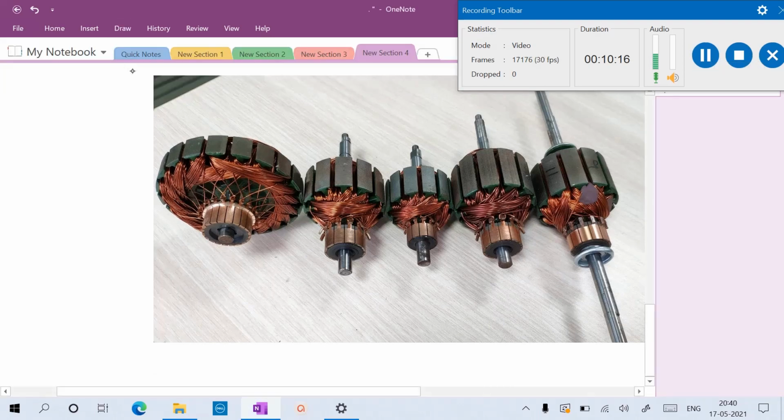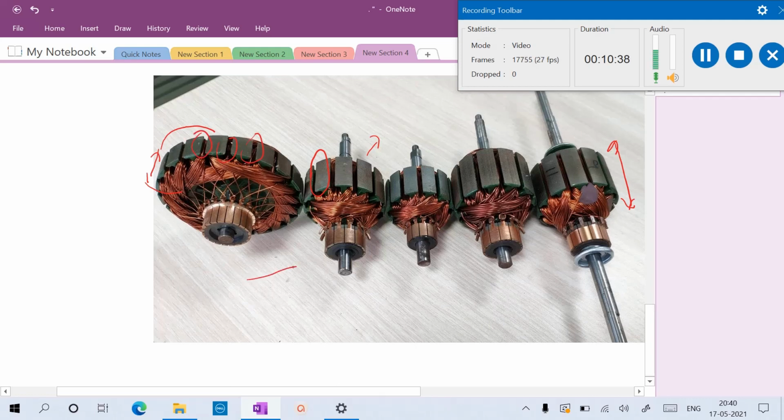You can see this is the conductor length. It is connected to the back and to the front here. Here the conductor length is more as compared to this one. These are the number of slots, and similarly this one.